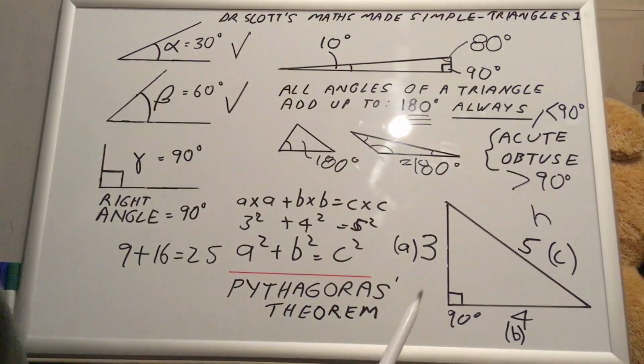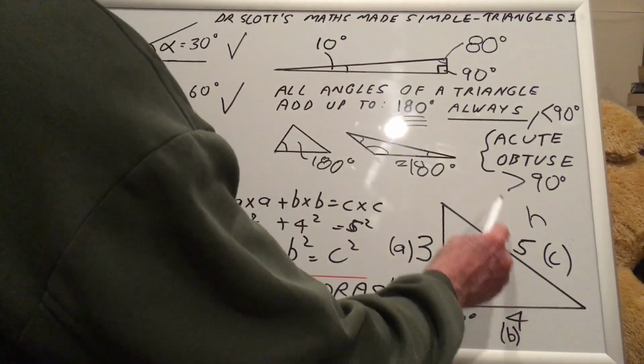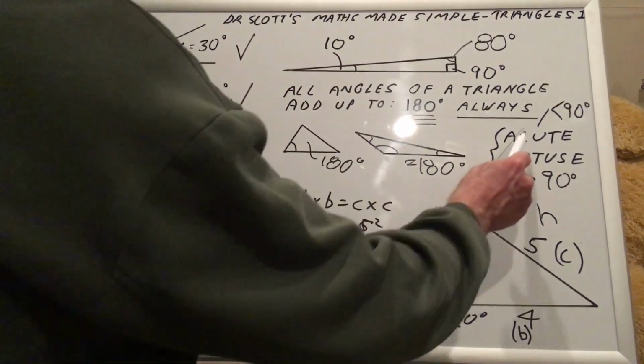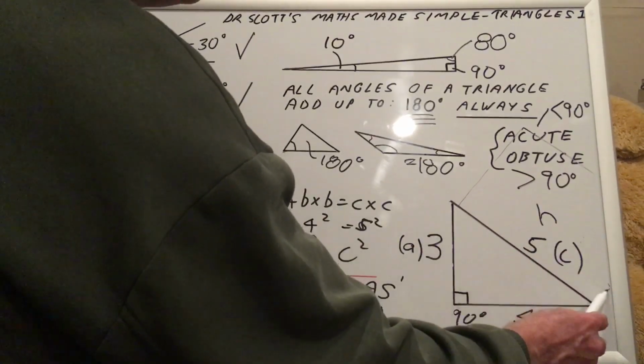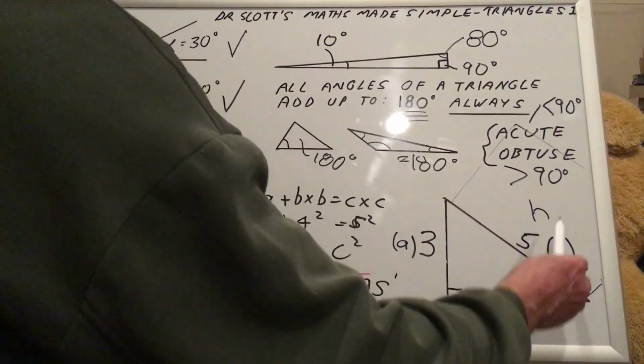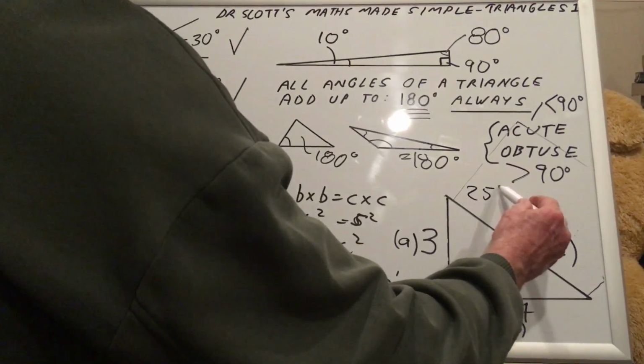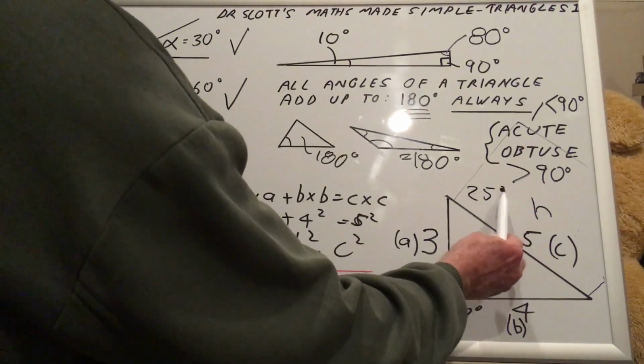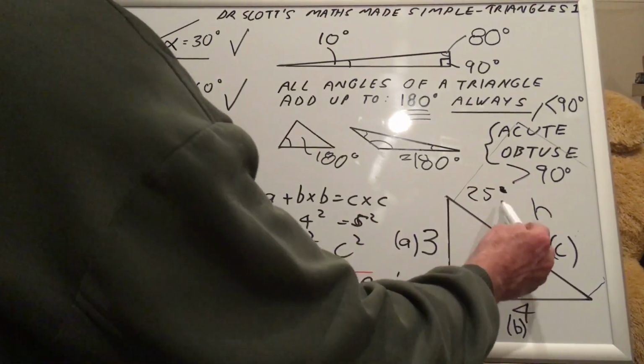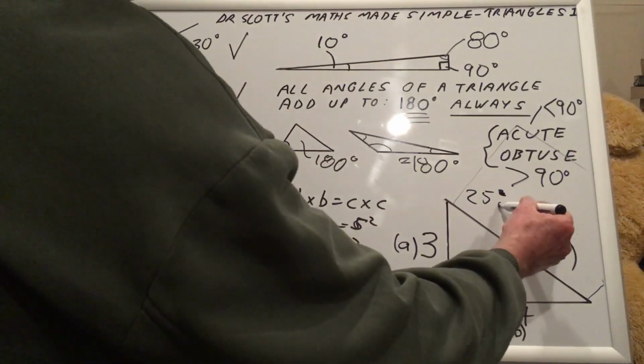Pythagoras went on to say, if you square this, you can get a square like this, 5 squared, and that equals 25 square centimeters.